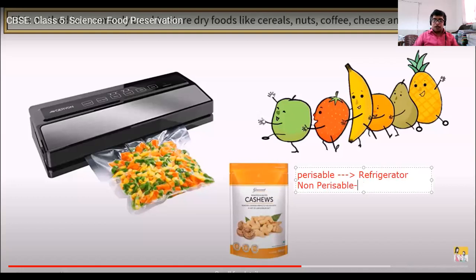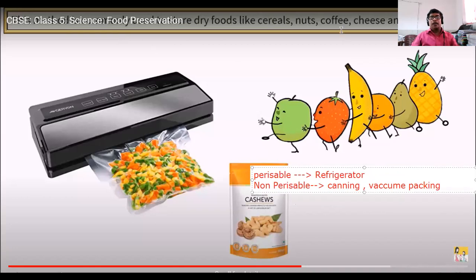non-perishable items are subjected to canning, bottling, and proper storage, canning, vacuum packing.